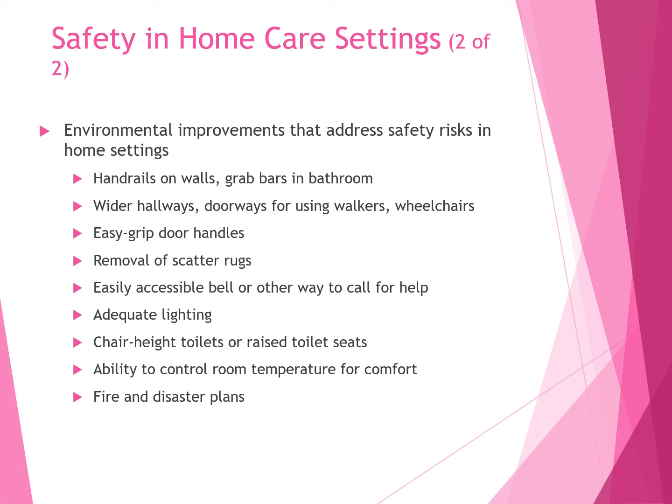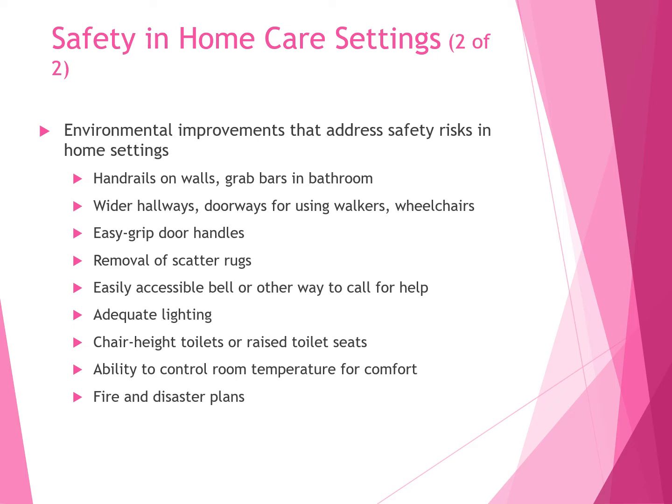Environmental improvements. So what can we do to reduce and address the safety risk? We need handrails on walls and stairs and grab bars in the bathroom. Wider hallways if possible, doorways for the walkers and wheelchairs, easy grip door handles, remove the scatter rugs because you can trip over those, easily accessible bell or other way to call for help.